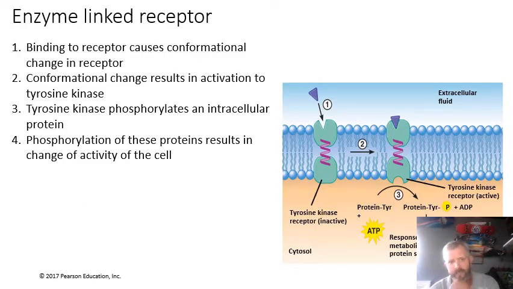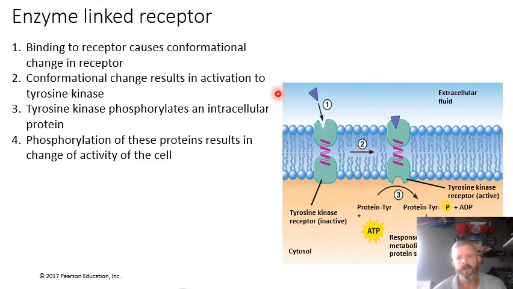Another class of receptor we find is enzyme-linked receptors. Essentially, this receptor has an enzyme on the intracellular portion of it. Without the chemical messenger binding to the receptor, that enzyme is inactive. It's not going to catalyze the reaction.